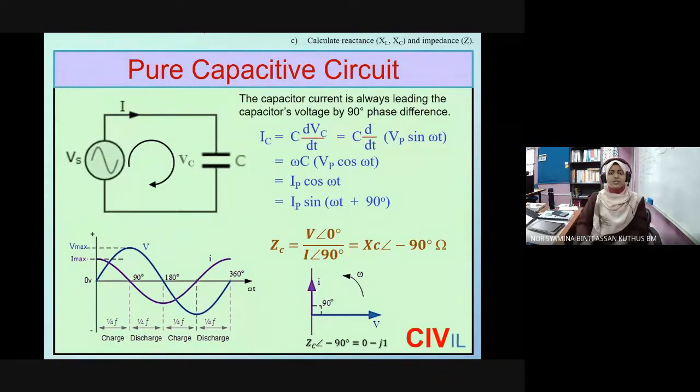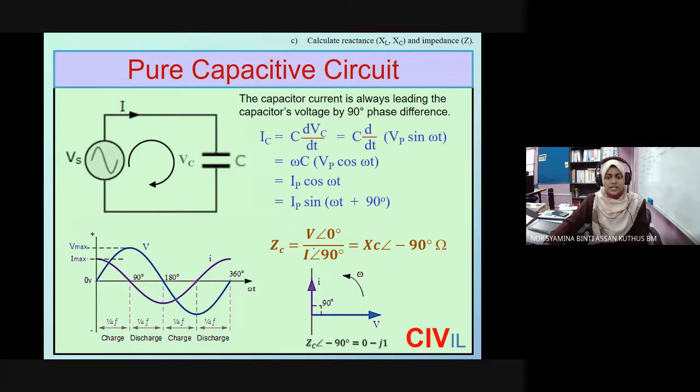Okay, so what is a pure capacitive circuit? Pure capacitive circuit hanya ada capacitor di dalam satu circuit. Itu dia akan ada flow of current, ada voltage source. So capacitor current is always leading the capacitor's voltage by 90-degree phase difference.